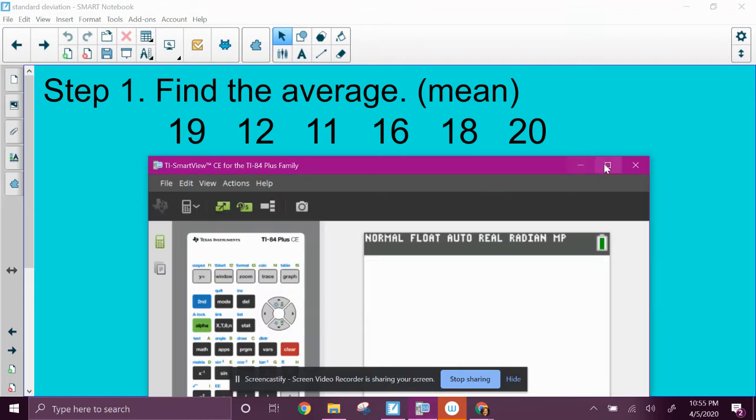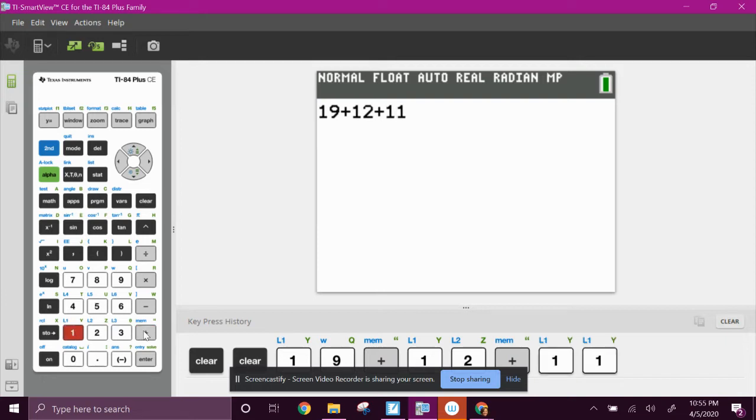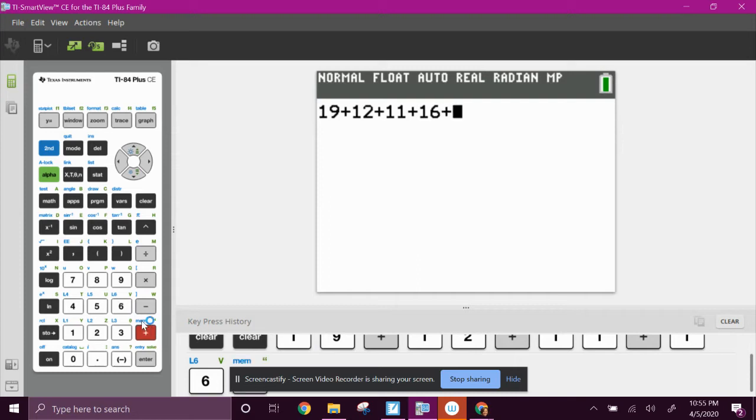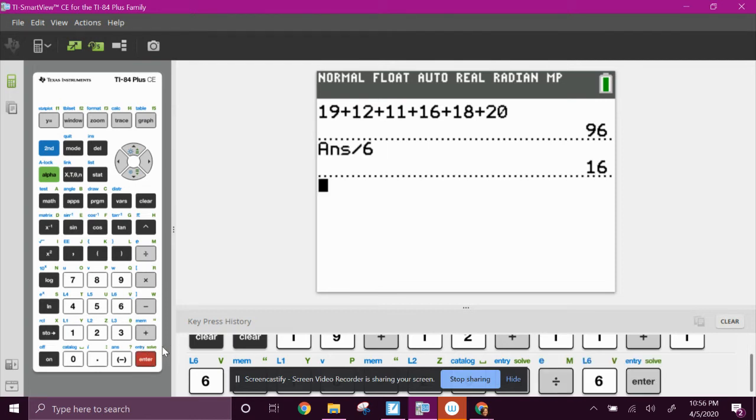So if I pull up my calculator, we're going to add 19, 12, 11, 16, 18, and 20. And so the sum of those is 96. And then there were 6 pieces of data, so we want to divide by 6. And so our mean is 16.